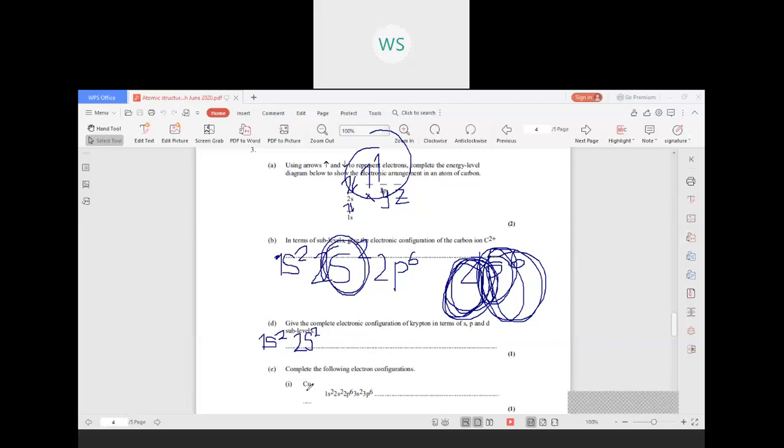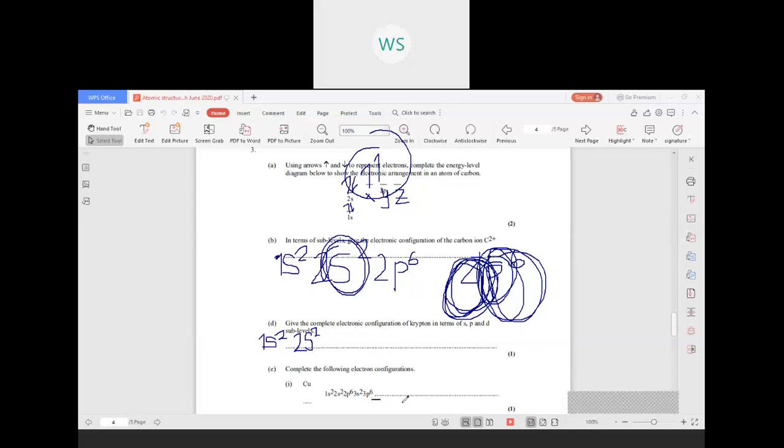So if it is a transition metal, then the last orbital should be d. Now, can you tell us how many electrons are there in copper? 29. Exactly.